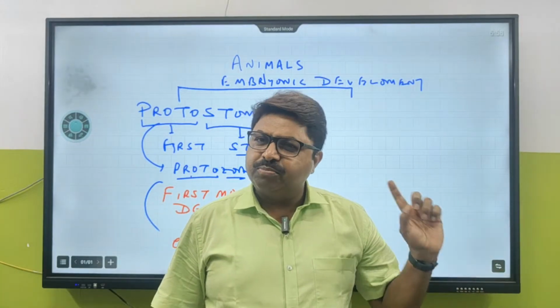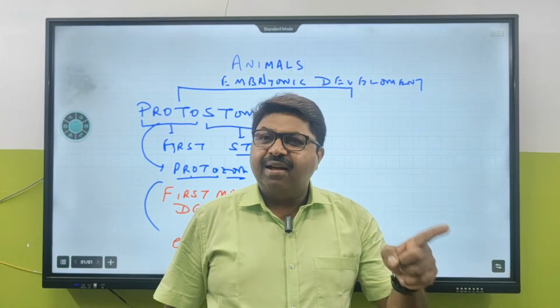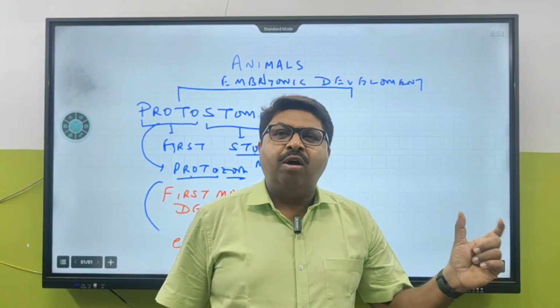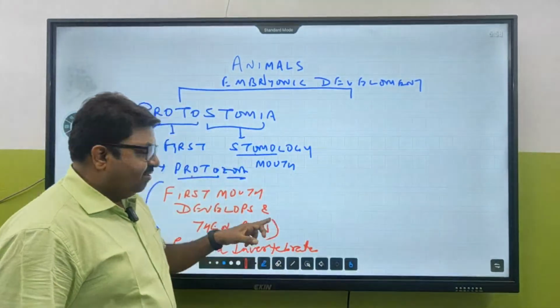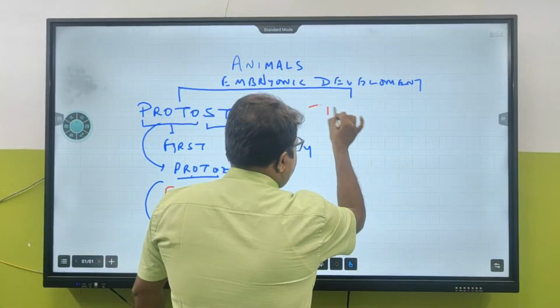All of them have protostomia, no exception. From phylum Porifera to phylum Mollusca, all of them have protostomia. From Echinodermata to all chordates, they have the other type.